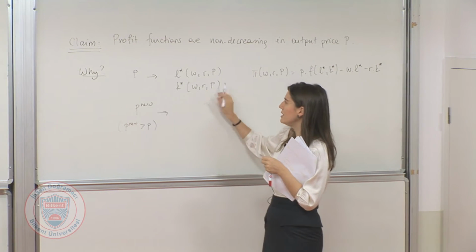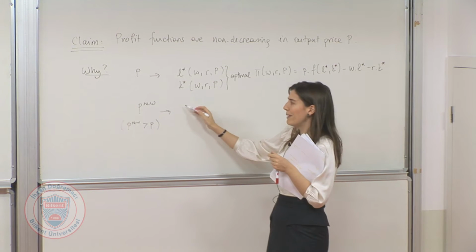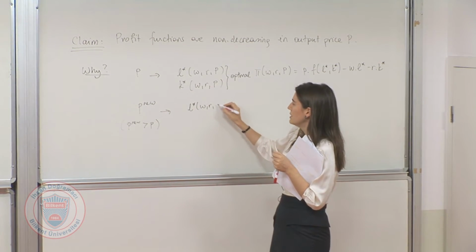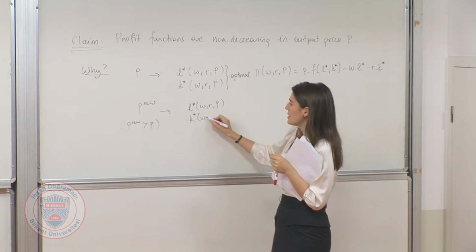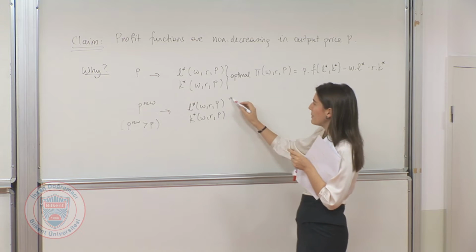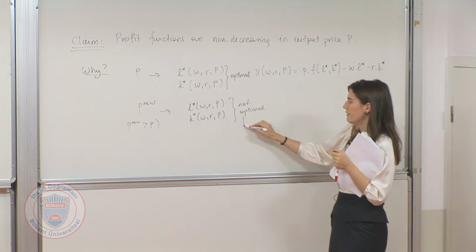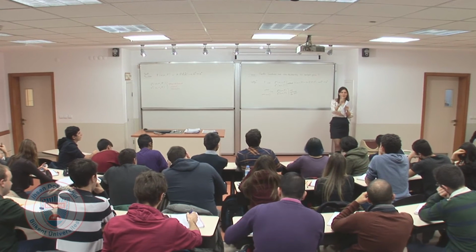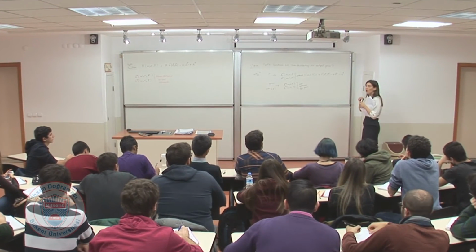We know these were optimal for the old case, and they are not optimal for this new price level. But suppose I'm stubborn and I insist on using the old levels.